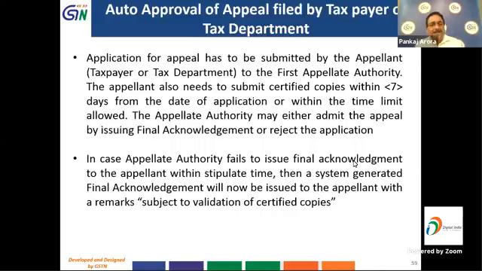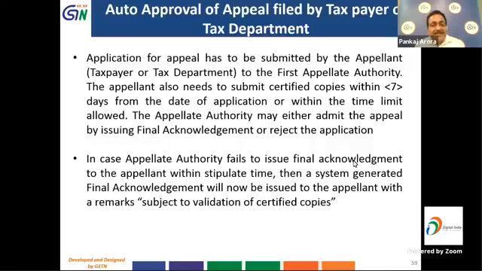In the new feature, the requirement for submitting certified copies within 7 days from the date of application, or within the time limit allowed, still remains. You will have to deposit the certified copies, and the appellate authority may, after examining such documents, either admit the appeal by issuing a final acknowledgement or reject your application.